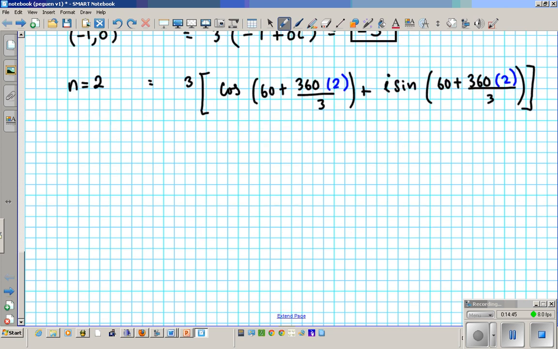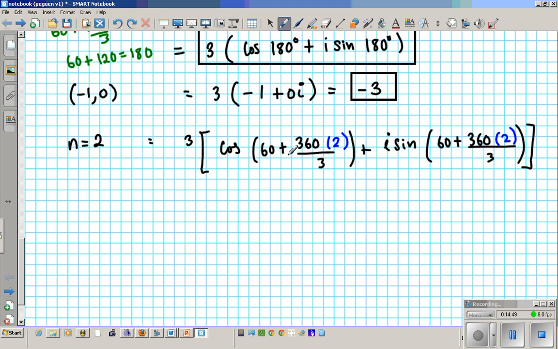Alright, now let's do this. I want to evaluate this angular part on the side here, so I don't have to keep writing it a million times. What is 60 plus 360 times 2 over 3? That's going to be 60 plus 720 over 3, which is 60 plus 240, since 720 divided by 3 is 240.